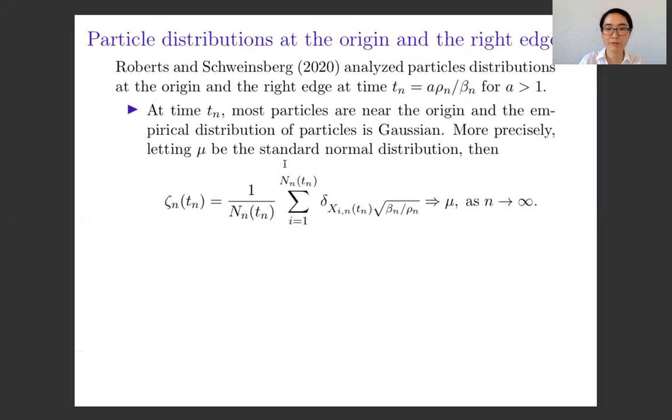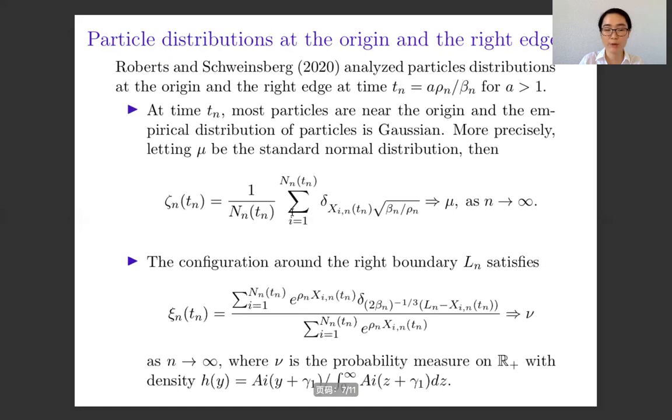Roberts and Schweinsberg first answered our questions at the origin and the right edge. They analyzed particles' distributions at the origin and the right edge at time t_n of the order of rho over beta. They showed that at time t_n, most particles are near the origin, and the empirical distribution of particles defined like this approaches the standard normal distribution as n goes to infinity.